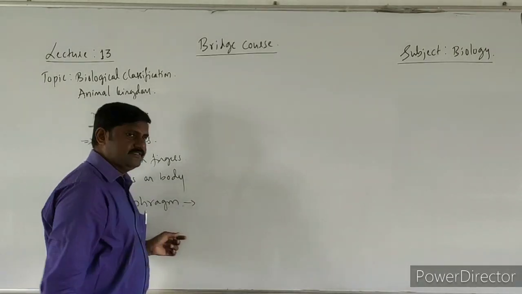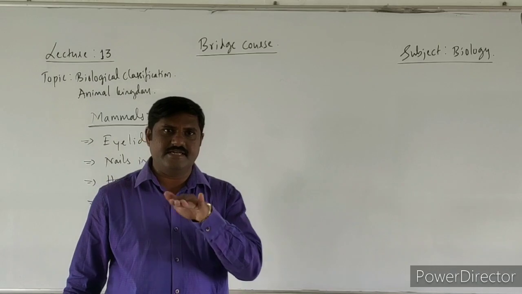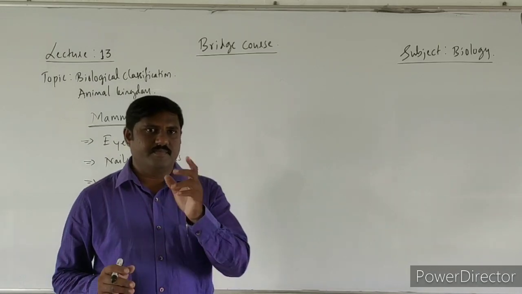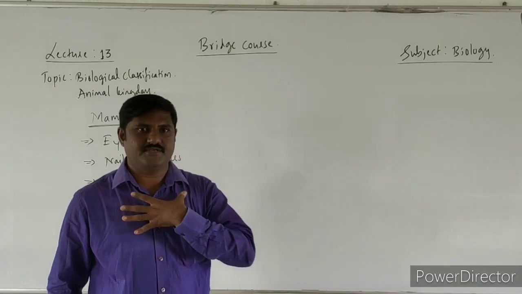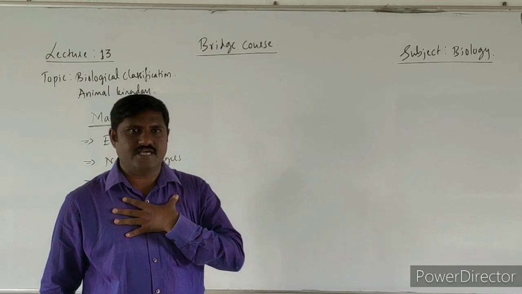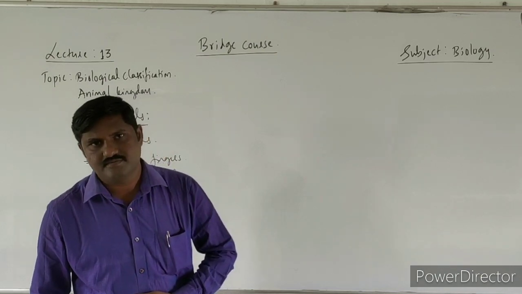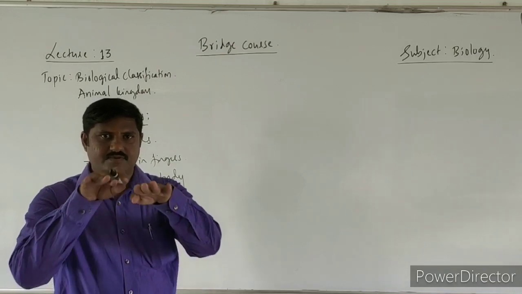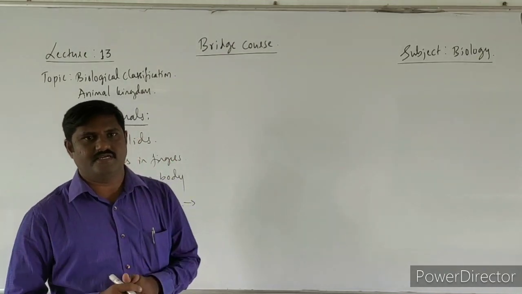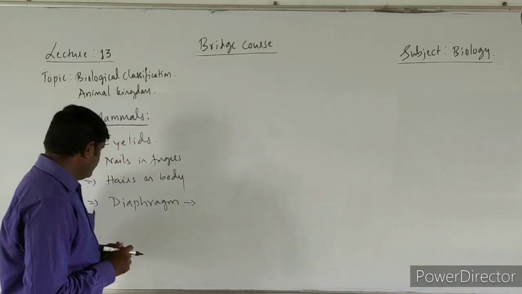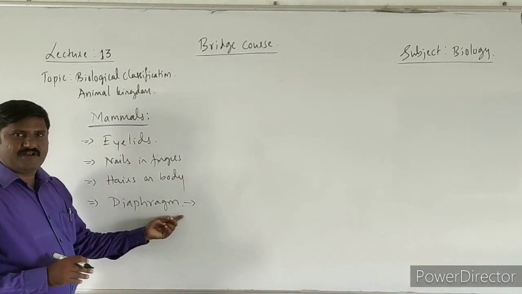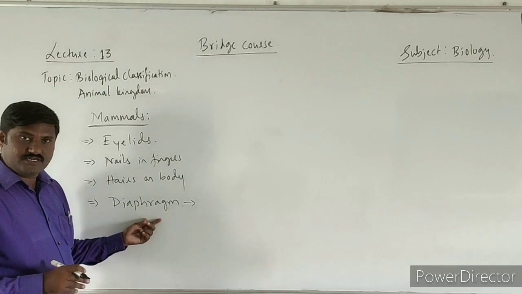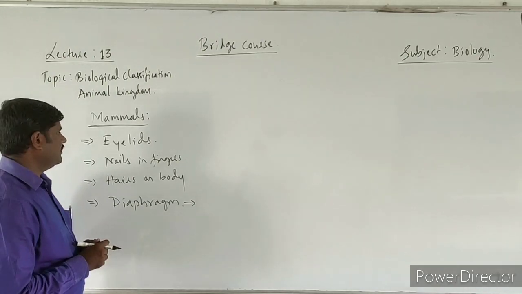Diaphragm is a thin membrane which separates both the chest and abdominal cavities, right? So the chest cavity as well as the abdominal cavity are separated by a thin membrane called the diaphragm. This is also a unique feature in these mammals, right?